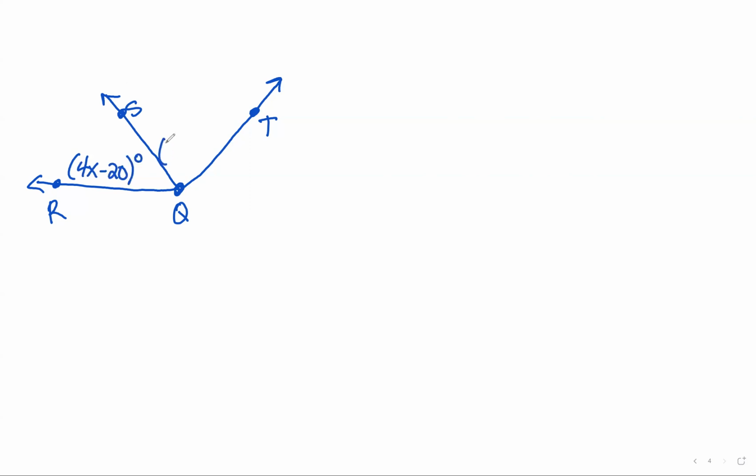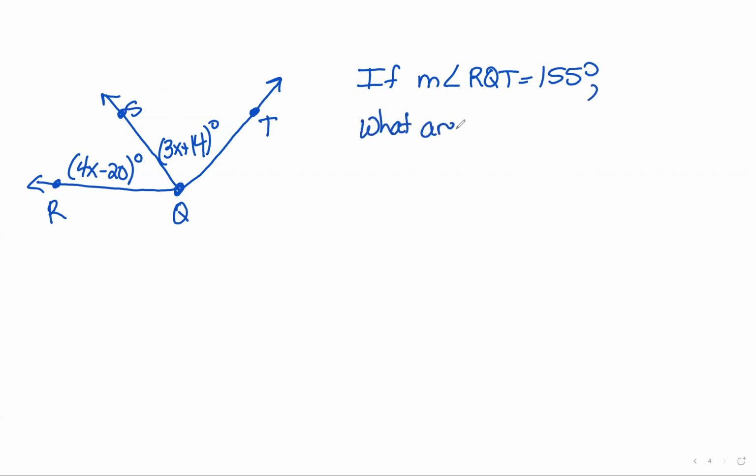And this angle right here is 3x plus 14 degrees. And here's the question. It says, if the measure of angle RQT equals 155 degrees, what are the measure of angle RQS and the measure of angle TQS?